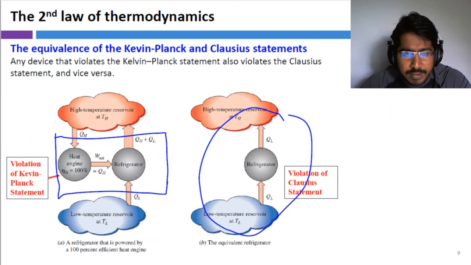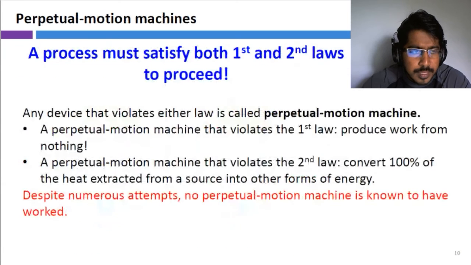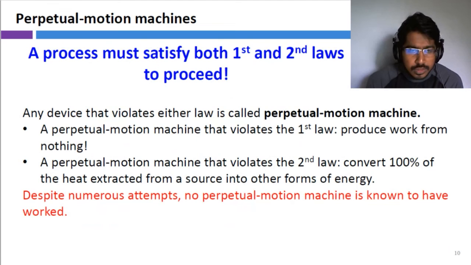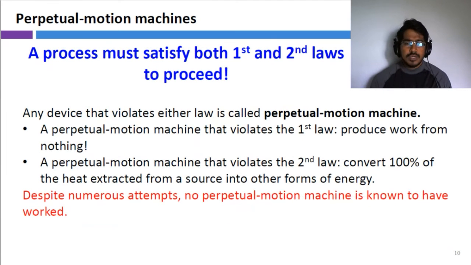So now we have just proved that if we agree with one of the statements, then you have to agree with the other one. There's no way that we can disagree with one and agree with the other. Okay. So now, after going through all this theory, we come across a very important notion.